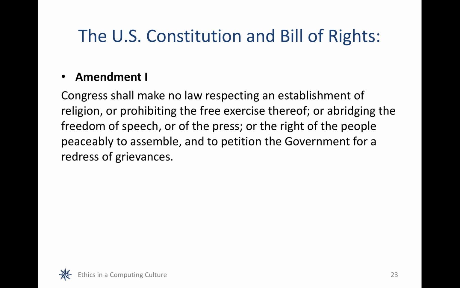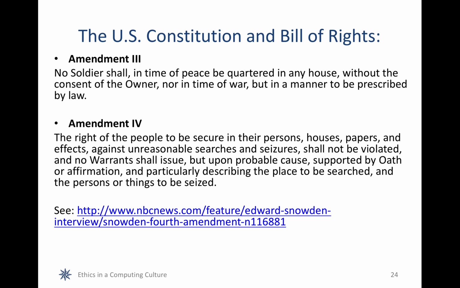The First Amendment allows for people to practice their religion. That gives people a certain level of privacy to what religion a person wants to practice. The Third and Fourth Amendments give people a certain degree of privacy in that they protect their home and possessions. So if you read through those.